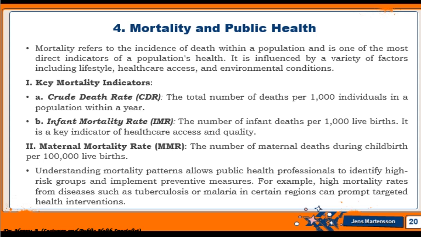So, for mortality and public health, the key mortality indicators are very important, and then maternal mortality rate is also very, very important. So we have seen the three: crude death rate, infant mortality rate, and maternal mortality rate. Those are the three indicators that we have just talked about, and they are key in understanding an improved public health system.